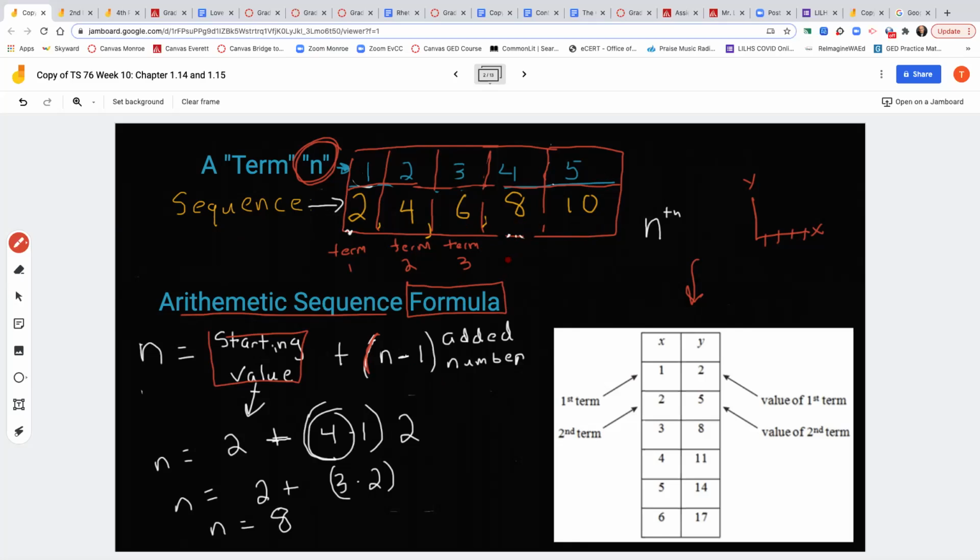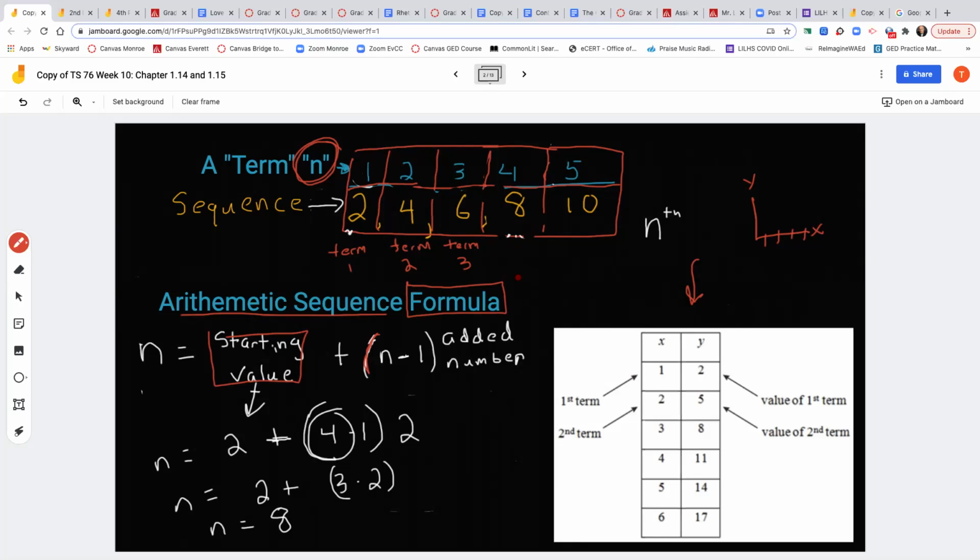But let's say I didn't know it was an 8. Let's say they gave you the first 3 terms and they didn't tell you any of the rest of the terms. You can tell it goes by 2s. Well, in this case we can, but sometimes it'll be a lot more complicated. So that's why we got to use this formula.